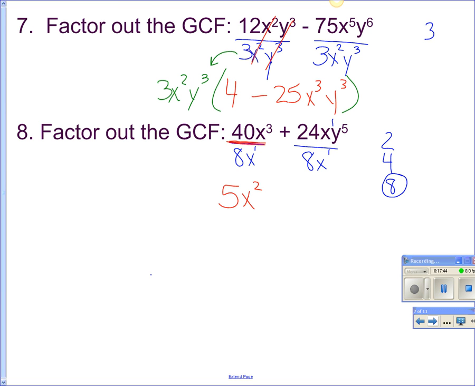Drop down my plus. 24 divided by 8? Okay, what about x to the first and x to the first? What do you think I do with y to the fifth? Drop it down. Yeah. All right. And Ethan G., what do you have to do with your answer? And what goes out front? Good.